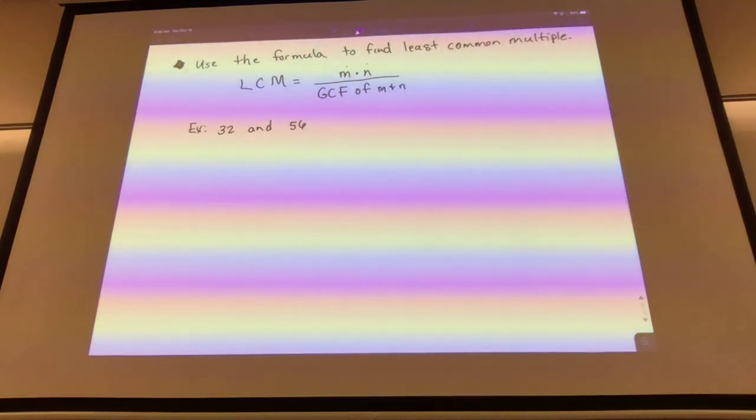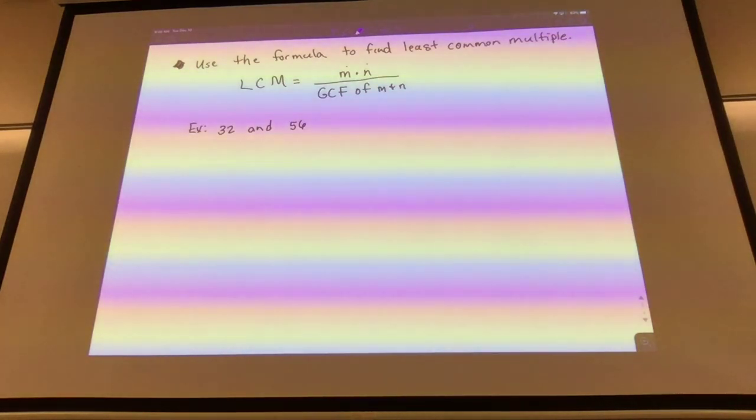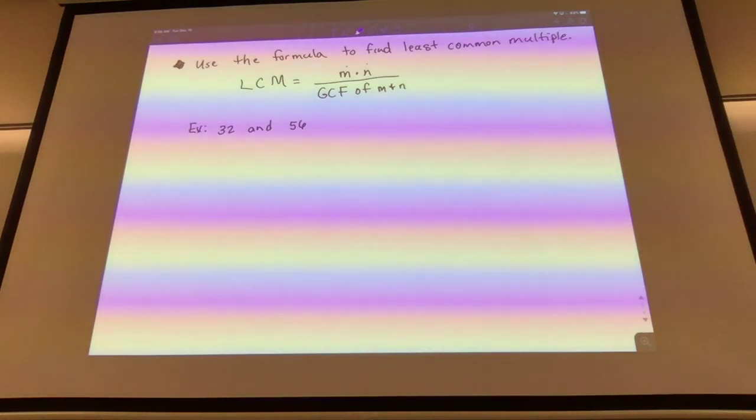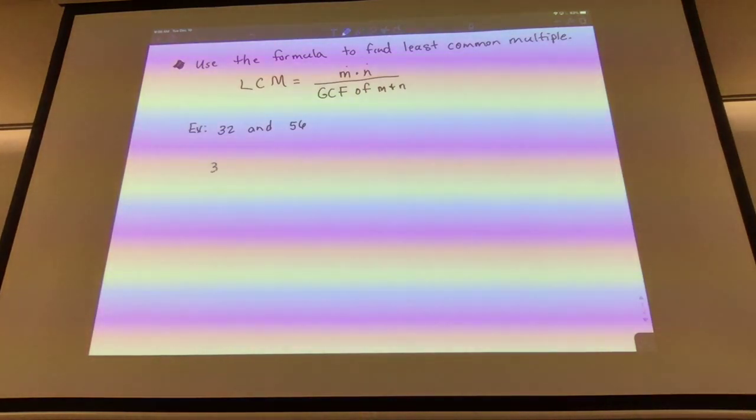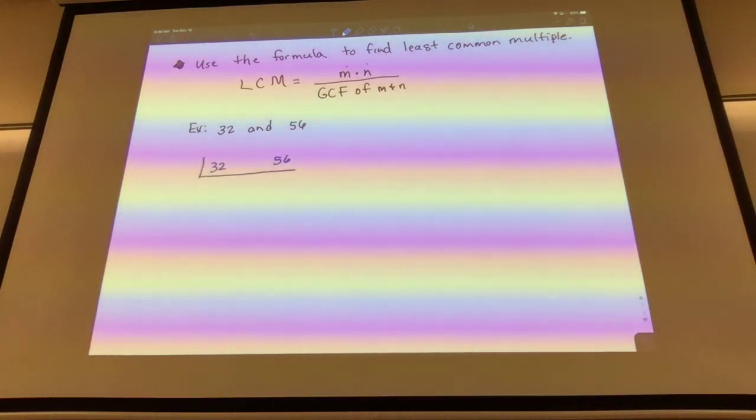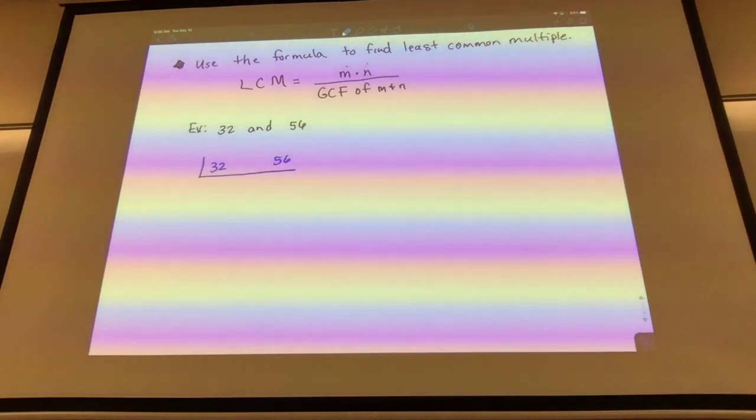If you have a formula, which I told you we looked at, to find the least common multiple, we'll look at this in a minute. You have that formula there, but let's go up to the side and work these two using our table. So if I have 32 and 56, let's just sketch it out and find this first, and then we'll go back and apply the formula to it and see if they line up.